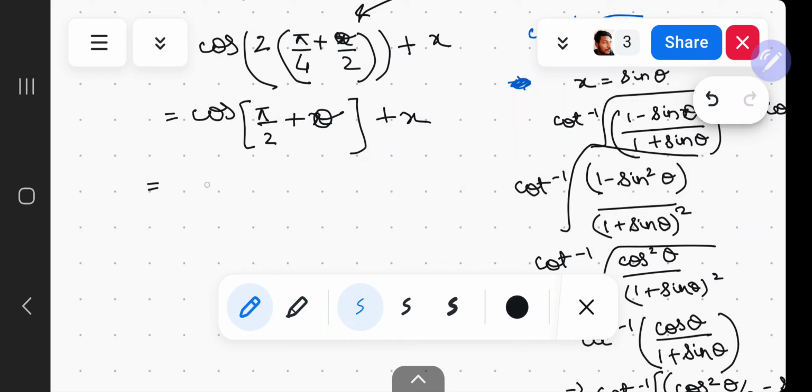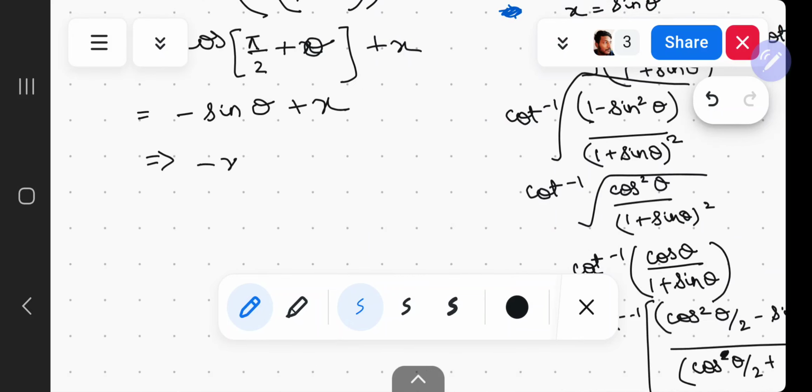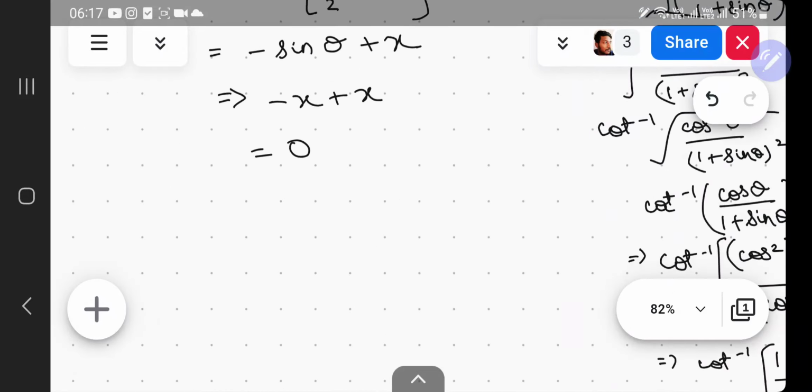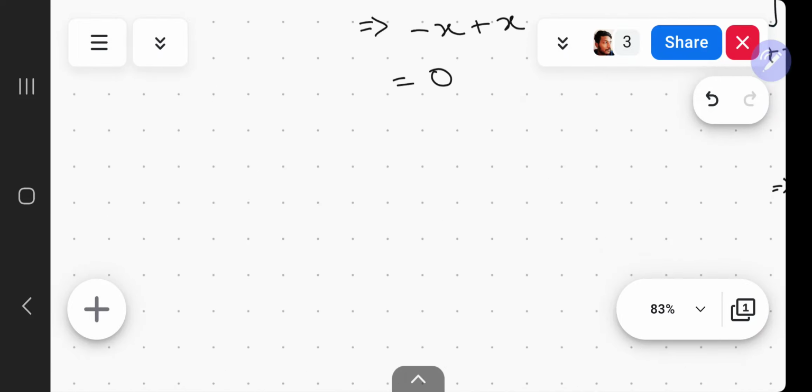So cos of pi by 2 plus theta is equal to minus sine theta, plus x, and the value of x was sine theta. So it will be minus x plus x, that's equal to 0. So it has been proved that the left hand side is equal to the right hand side. Okay, now we'll move to the next question.